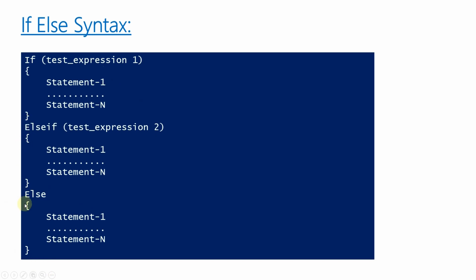And these two are optional, so else if and else are optional. If we don't want to use them, we can also just use the if expression. If this returns true, then only this code block will be executed, otherwise it will simply be ignored.